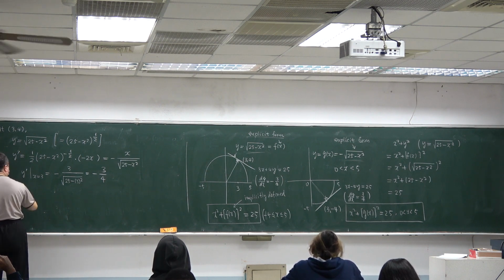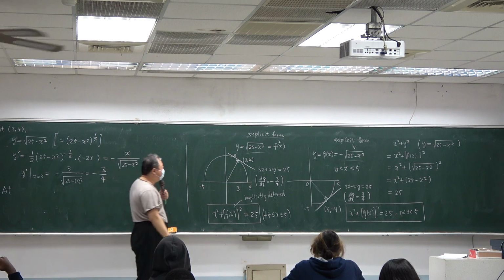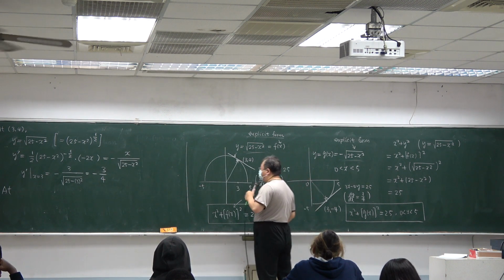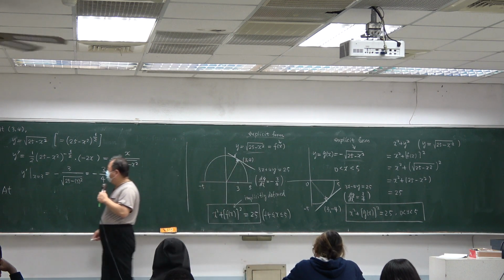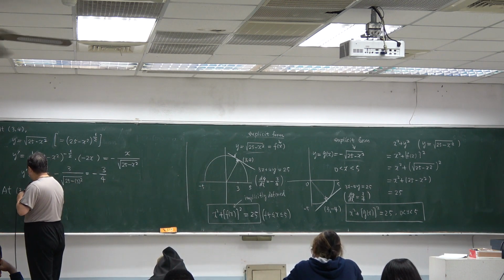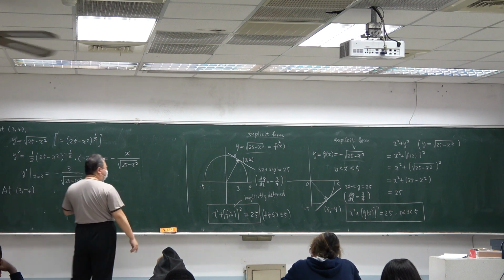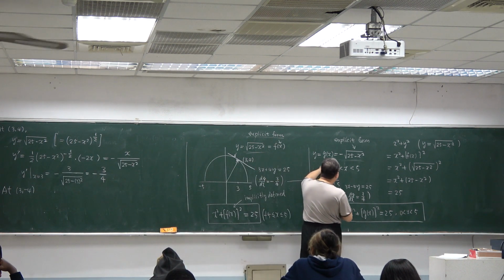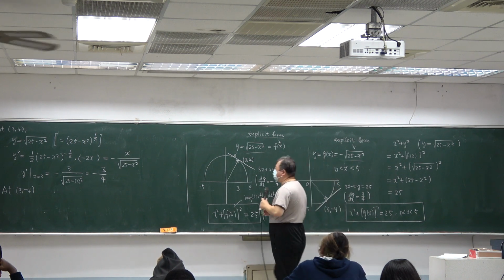If we want to find the tangent to this circle at this point, (3, minus 4), we consider this function. This function is minus the square root.